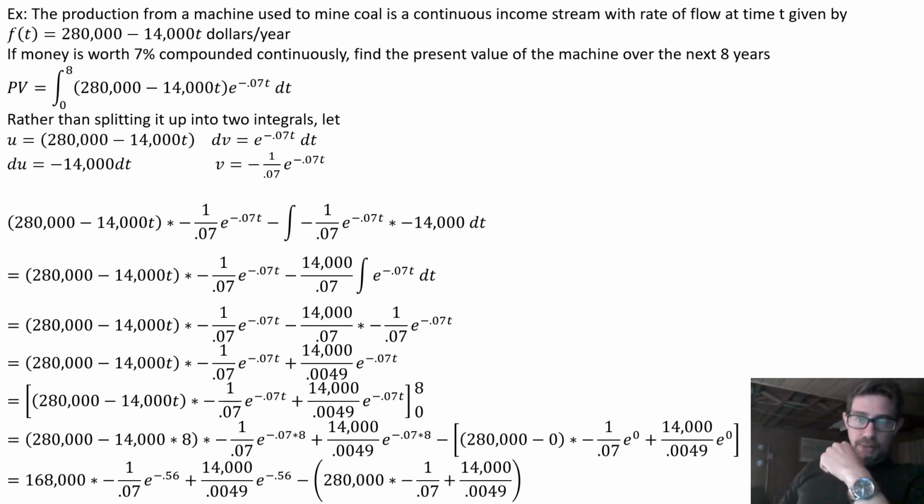Woo! Okay, I don't think there's any reason to go further than that. I think you should be able to mash this all on your calculator. Just be really careful, obviously, with parentheses and negative signs, and probably double check it.